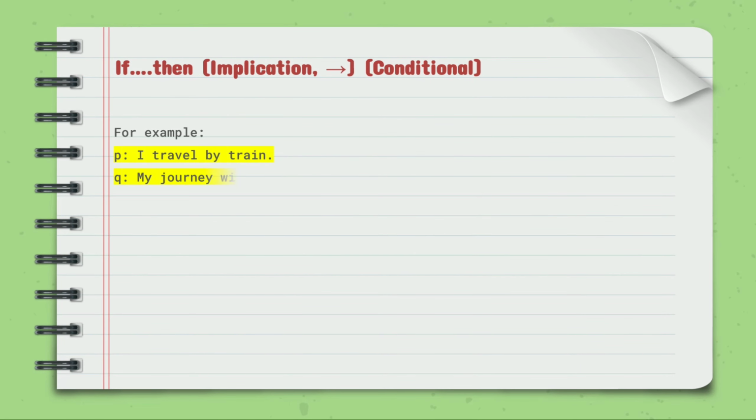And next is implication or conditional. For example, statement P, I travel by train. And statement Q, my journey will be cheaper.